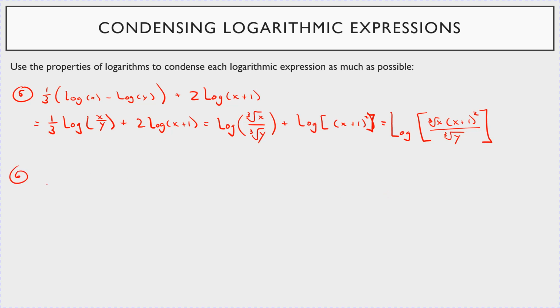All right, let's try this crazy one here. Let's look at log of x plus log of x squared minus 4 minus log of 15 minus log of x plus 2.